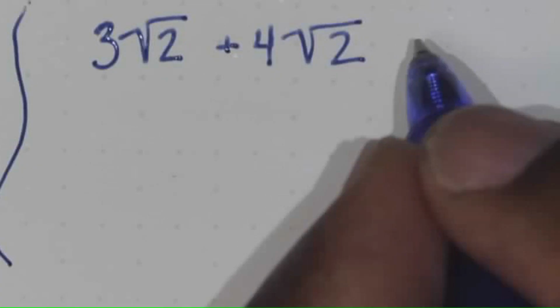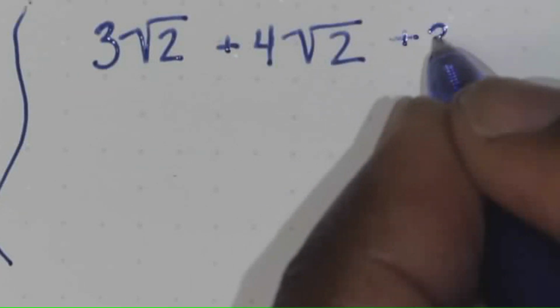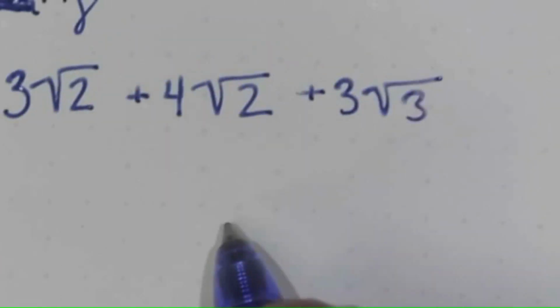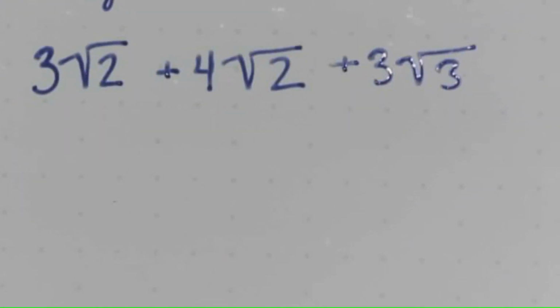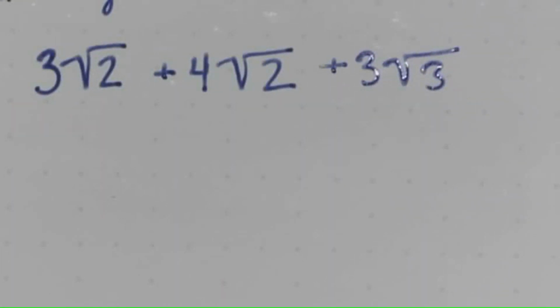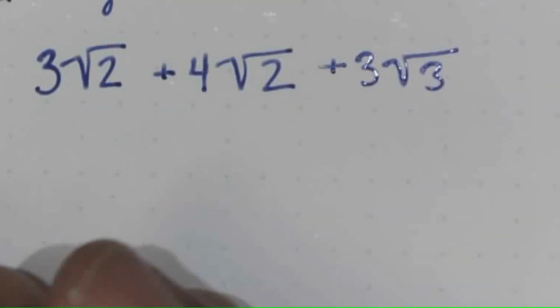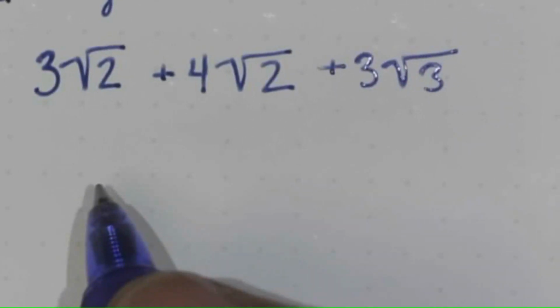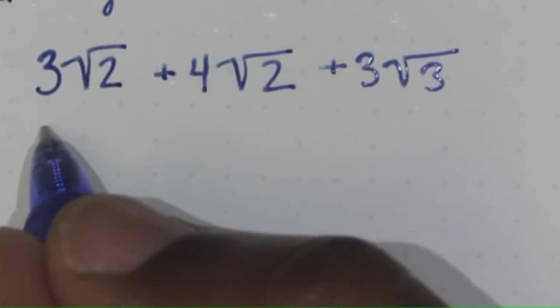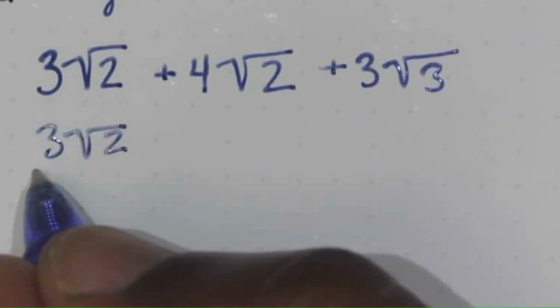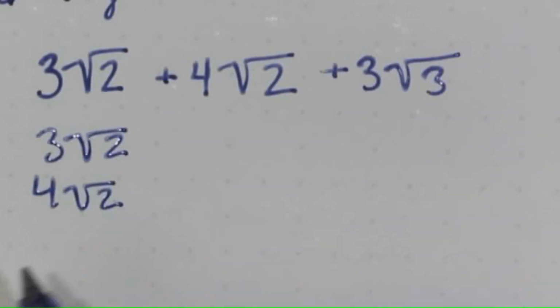So if I did this, plus 3 square root 3. All right? Same problem. You treat radicals the same way you would treat variables. You can't combine unlike variables when you add and subtract, when you combine like terms. We line them up. 3 square root of 2. Do we have another square root of 2 anywhere? We have 4 square root of 2.